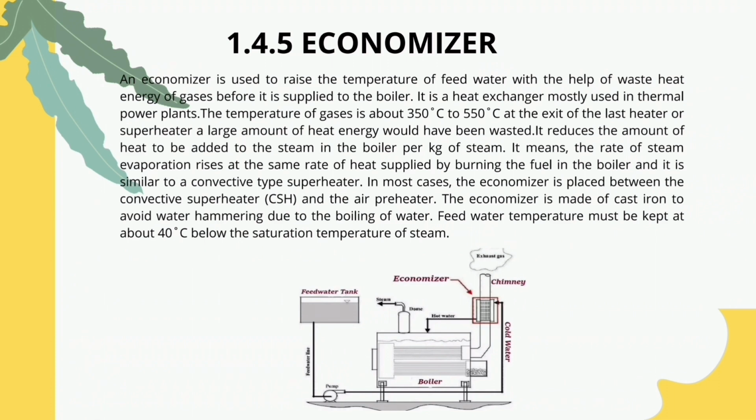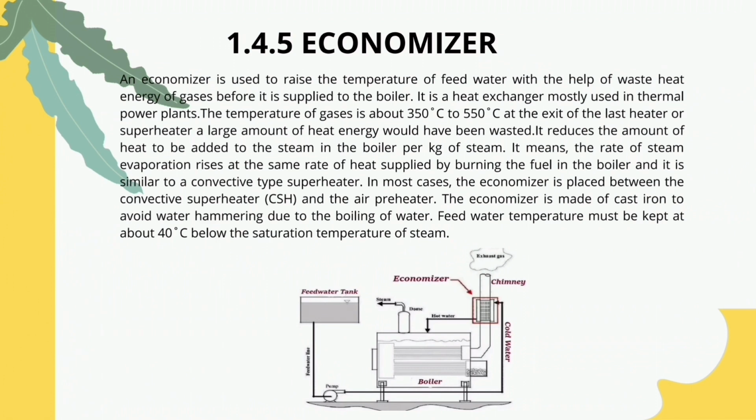The temperature of the gas is about 250 Celsius to 550 Celsius at the exit of the last heater or superheater. A large amount of heat energy would have been wasted. So it reduces the amount of heat to be added to the steam in the boiler per kilogram of steam.